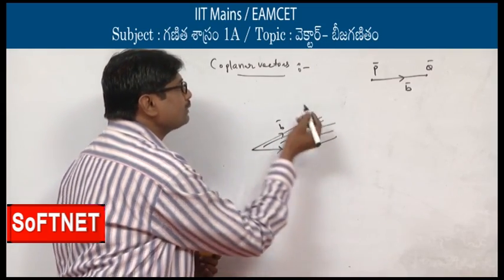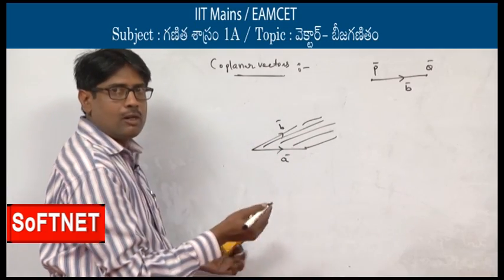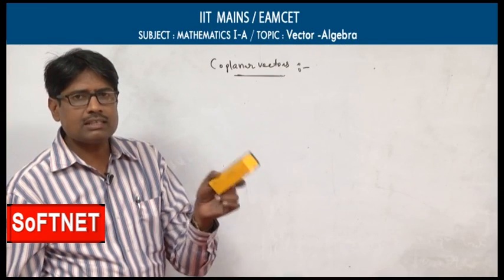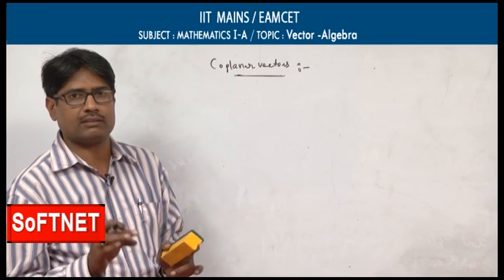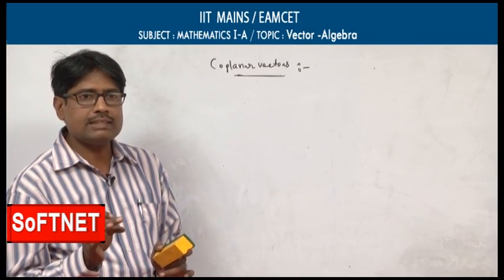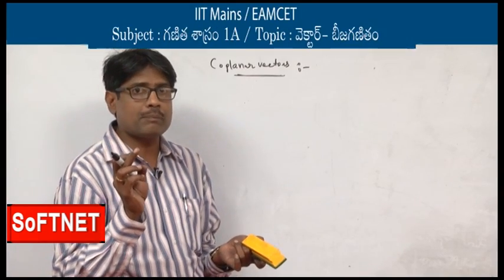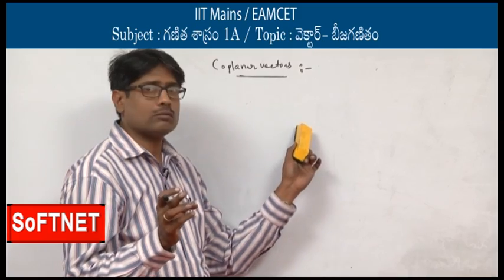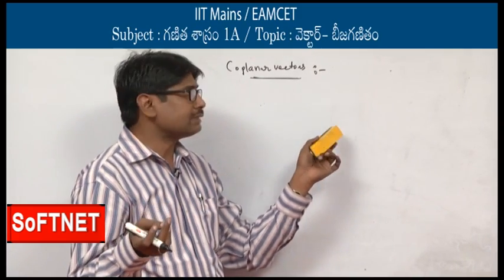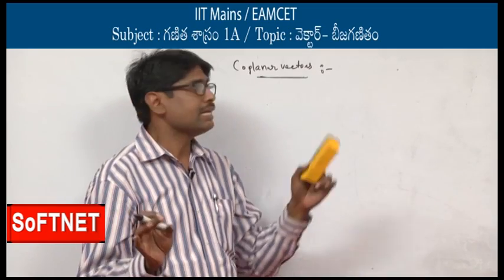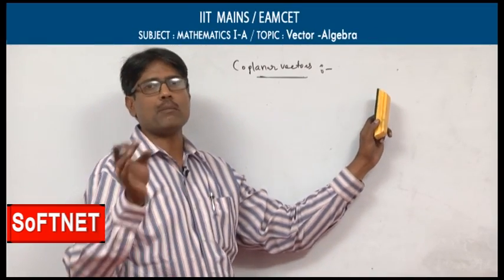So to talk about the coplanarity of vectors, there should be three or more vectors. Vectors are said to be coplanar if they lie in the same plane or parallel planes.